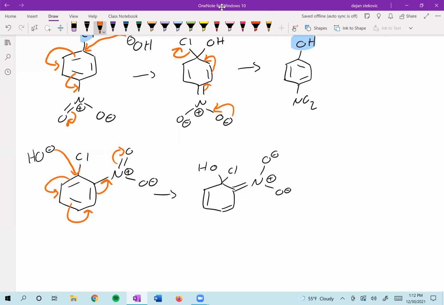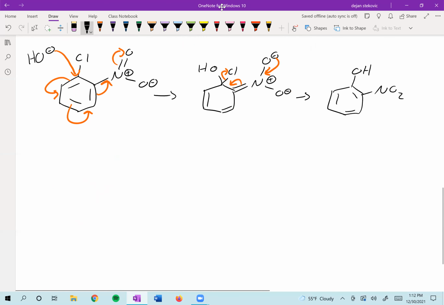And then we can simply take this and kick the chlorine back out. A little bit redundant with what we drew previously, but it's always good to draw these mechanisms multiple times to make sure that you understand them.